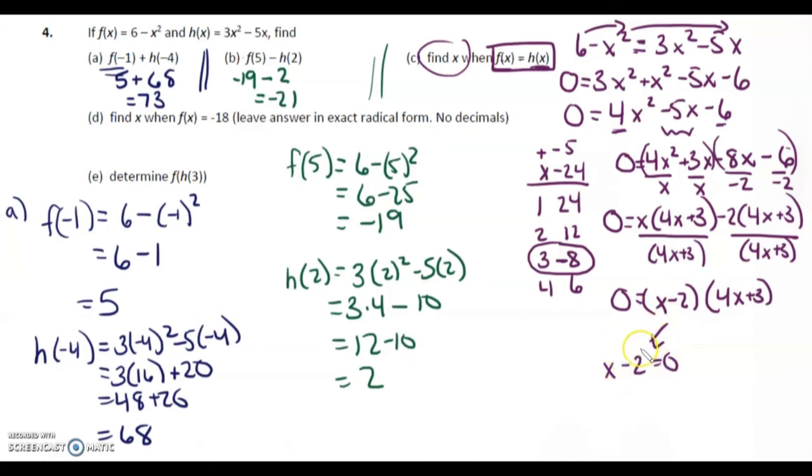So if we set the first bracket equal to 0, we bring over the 2, so x equals 2. And if we set the second bracket equal to 0, we bring over the 3, and then we divide out the 4, and we have 2 answers. F at x equals h at x when x equals 2 and x equals negative 3 over 4.